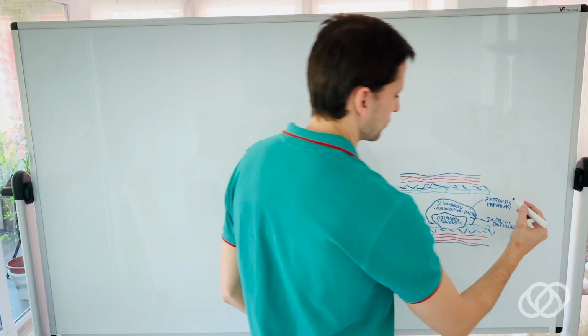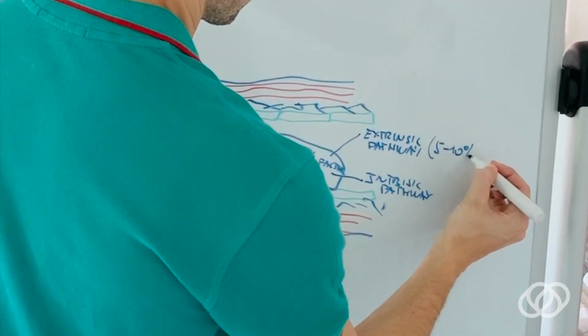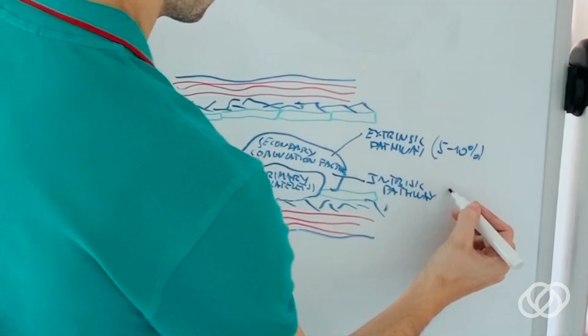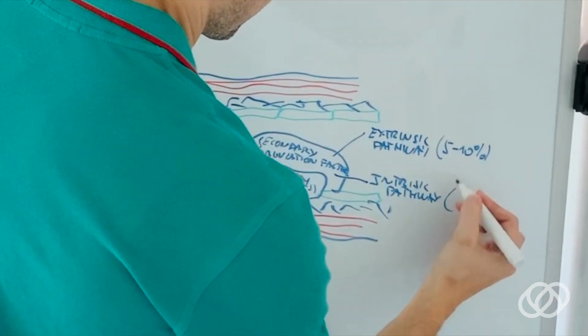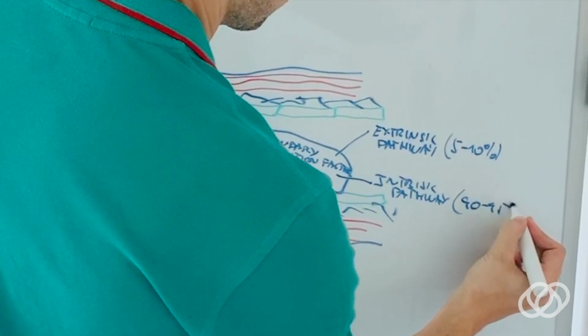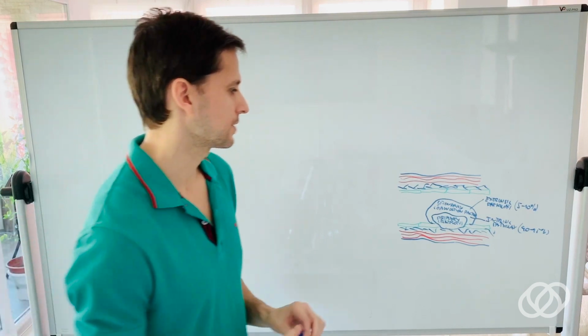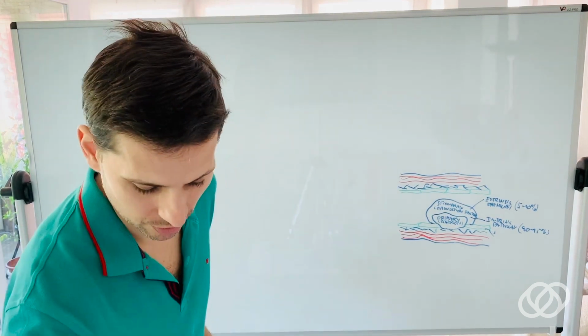This one will make like 5 to 10% of the clot, and this one like 90 to 95% of the clot by the secondary hemostasia.